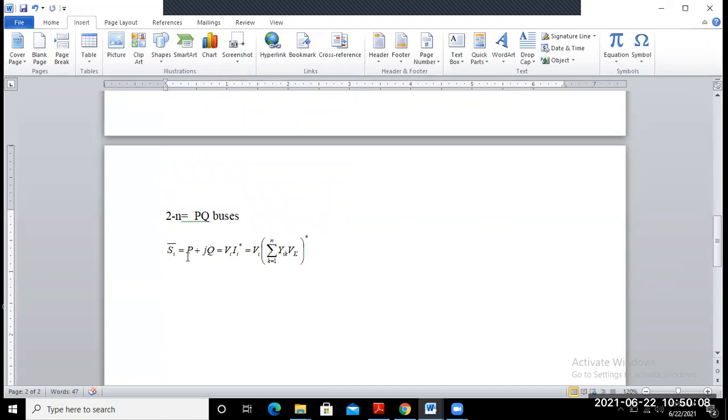Or you may write here the complex conjugate of the total power injected: P minus jQ equals Vi conjugate Ii. Okay. So the derivation of active and reactive power injected at the ith bus will continue in the next class from this point. Okay. So we stop here.